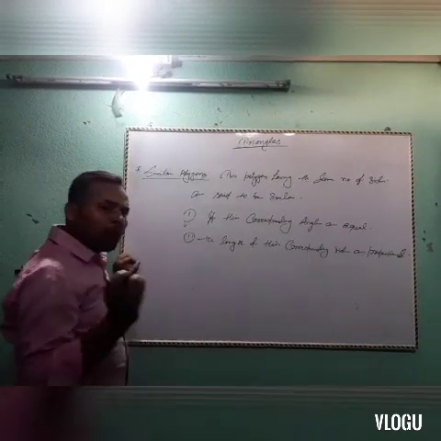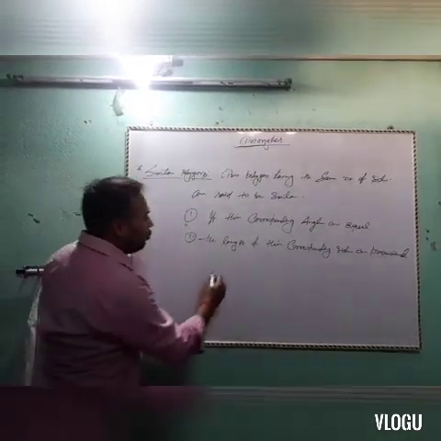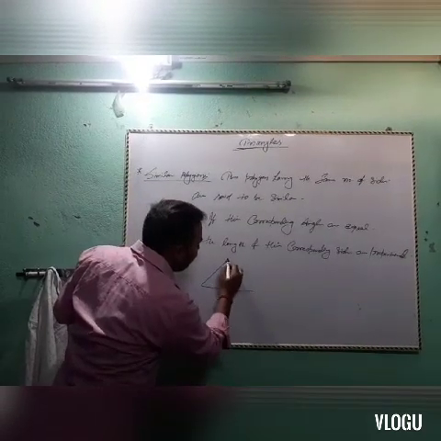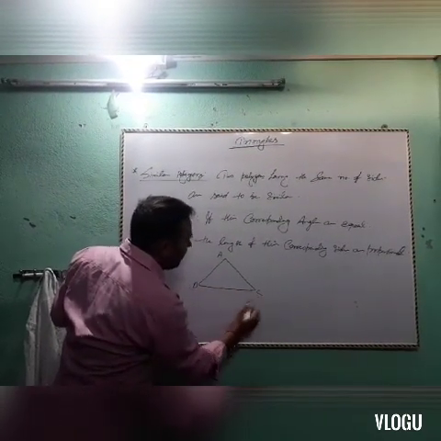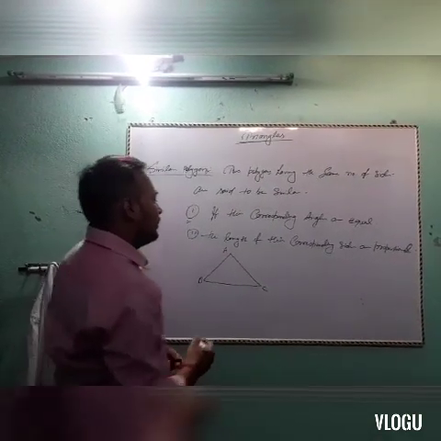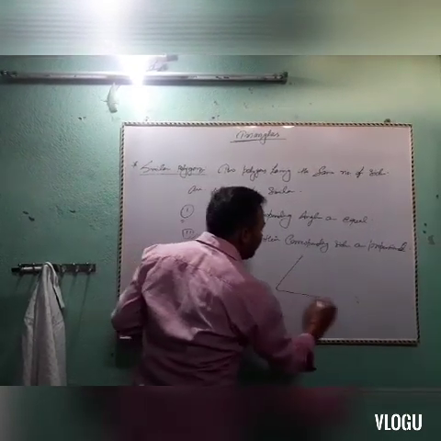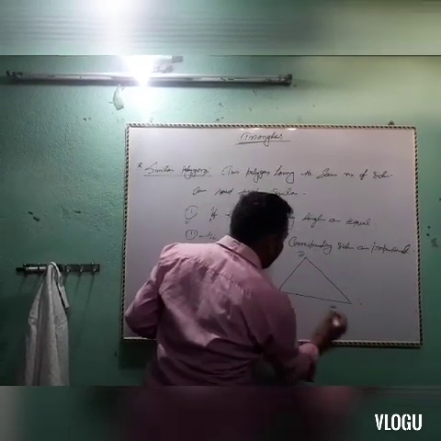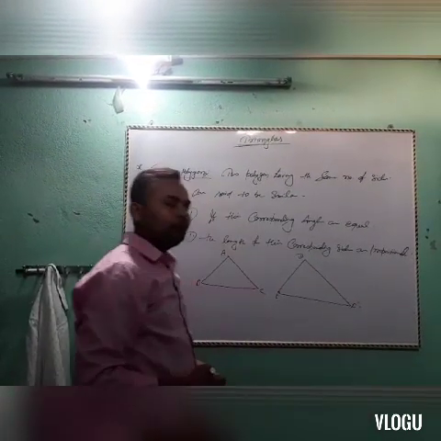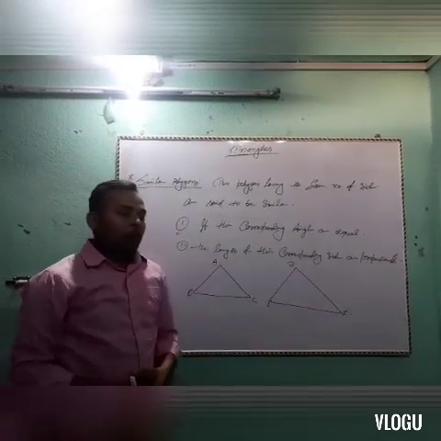Suppose the first polygon is a triangle ABC and the second triangle is DEF.